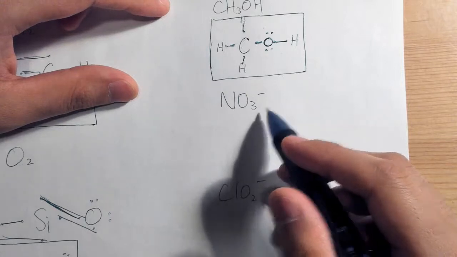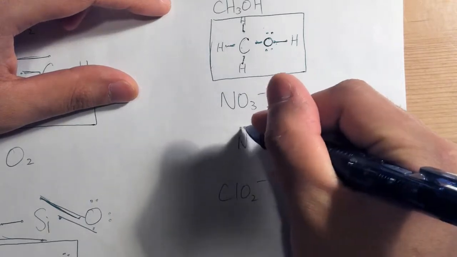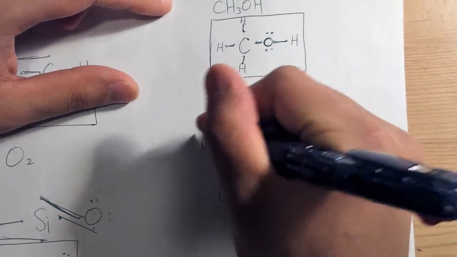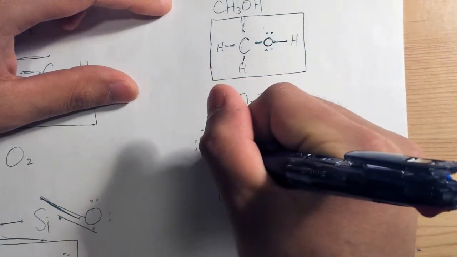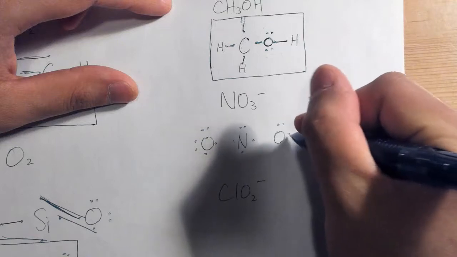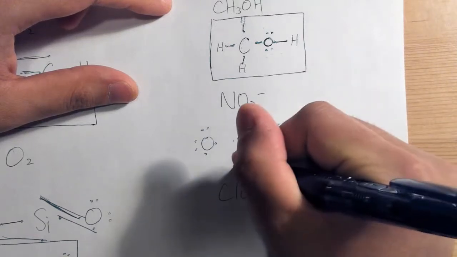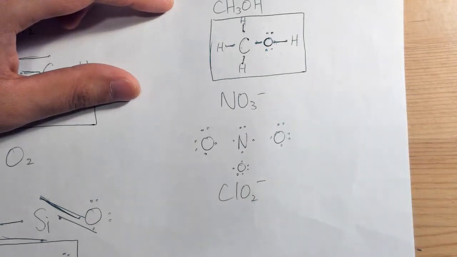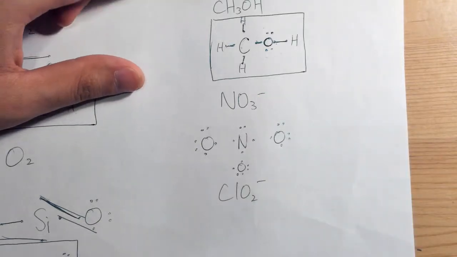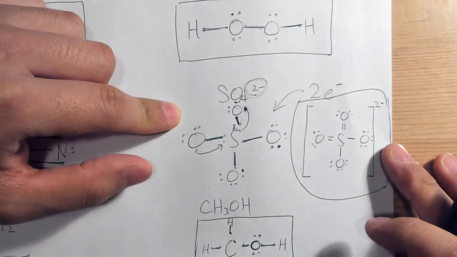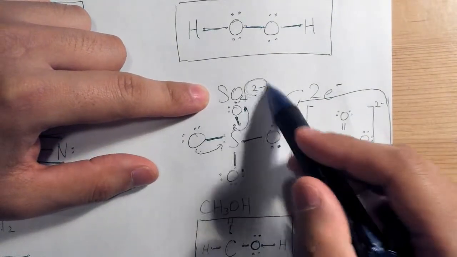NO3 minus. So N has 5 valence electrons, and then O has 6 valence electrons. Okay, so remember this is kind of similar to the previous question with SO4 2 minus, because there's an extra charge right here. Same goes with here.